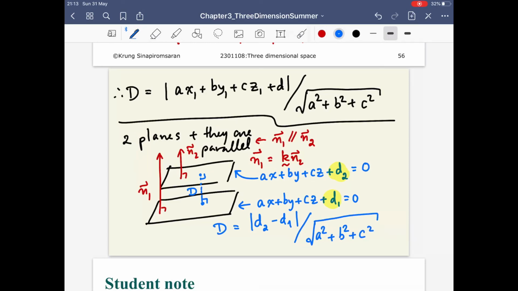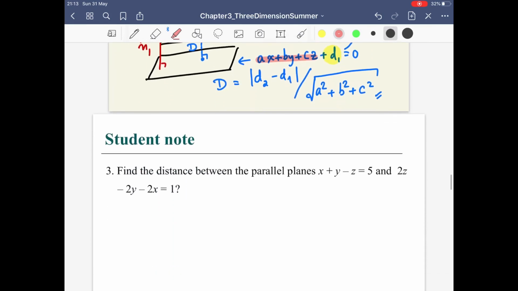So it is the difference between your two constants d1 and d2 over the length of your normal vector n. However, the setting must be such that the coefficients of x, y, z of these two planes must be exactly the same.